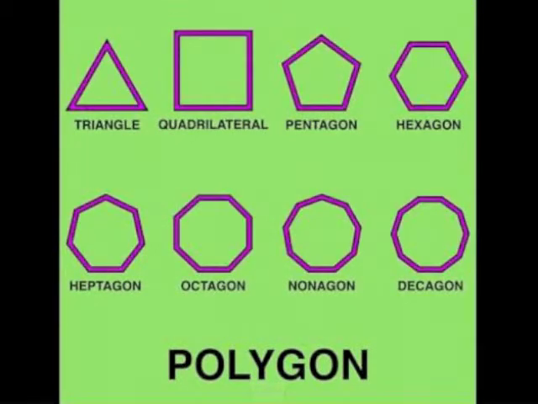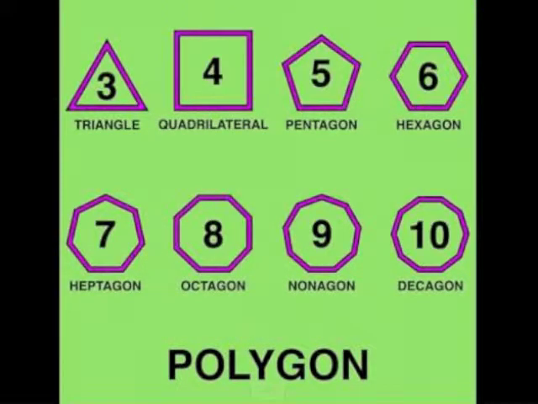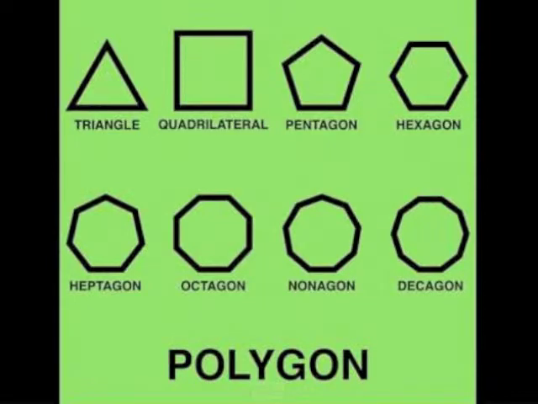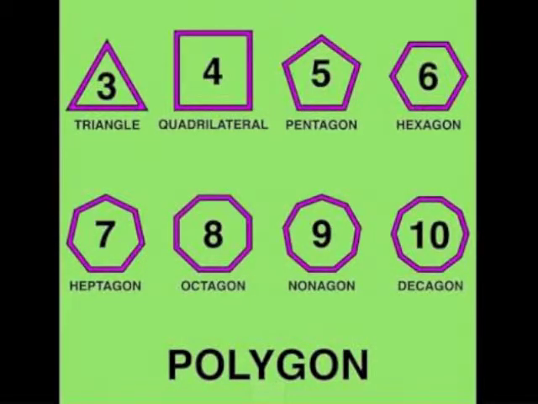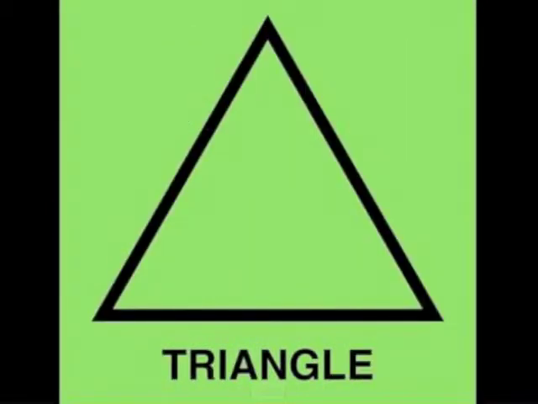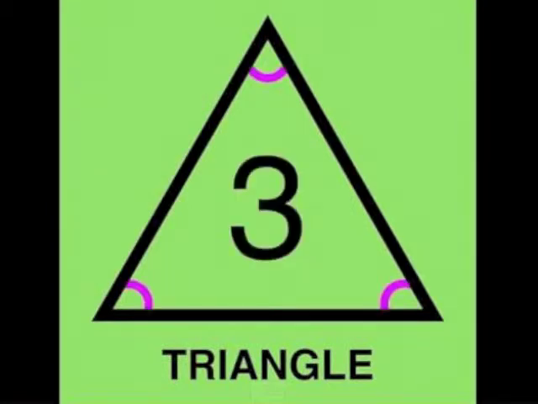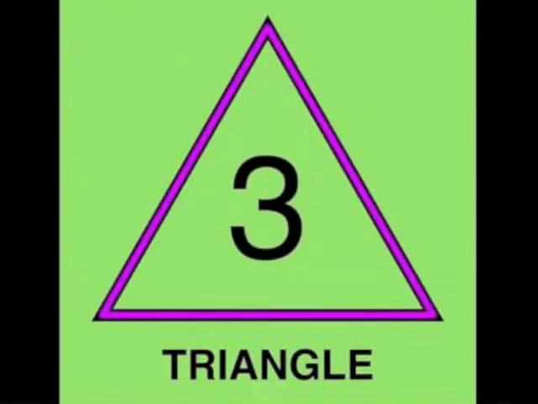A polygon is a shape with lines that connect. The number of sides tells us the name of the shape. A triangle is a polygon with 3 angles, 3 sides.